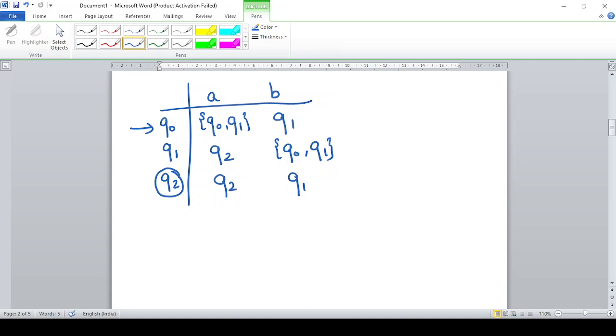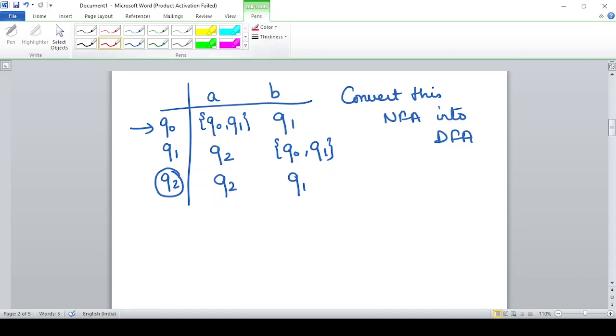I am assuming that this NFA is given to you, because a direct question can also come that says convert this NFA into a DFA.